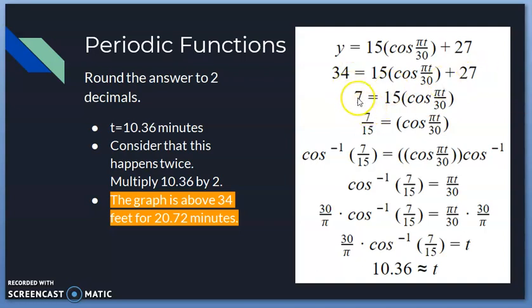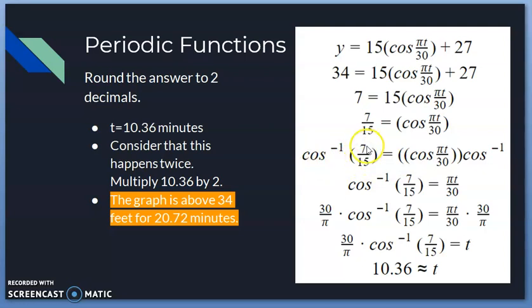We're going to set this equal to 34. So subtract 27 from both sides. You have 7 equals 15 cosine(πt/30). Divide both sides by 15. You have 7/15 equals cosine(πt/30). Then to get rid of the cosine, to isolate t, because again, we're solving for time, we'll have to take the inverse cosine of both sides.